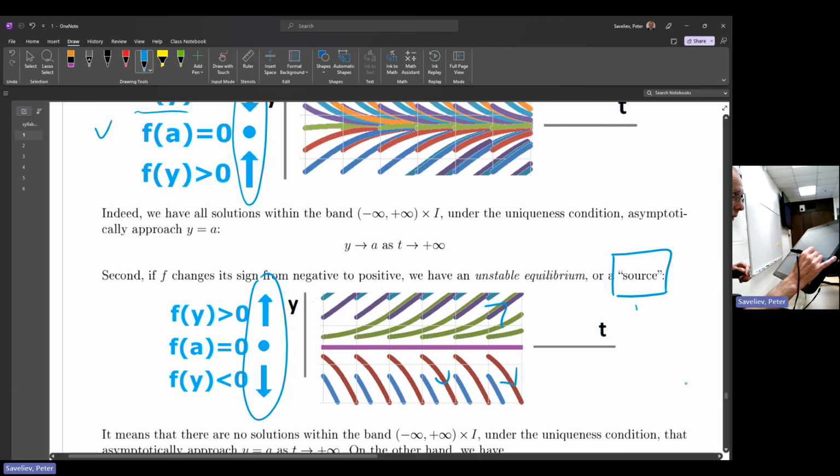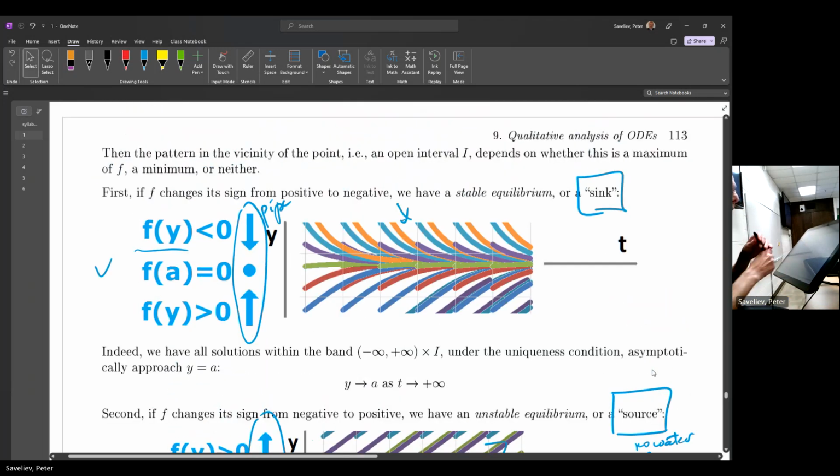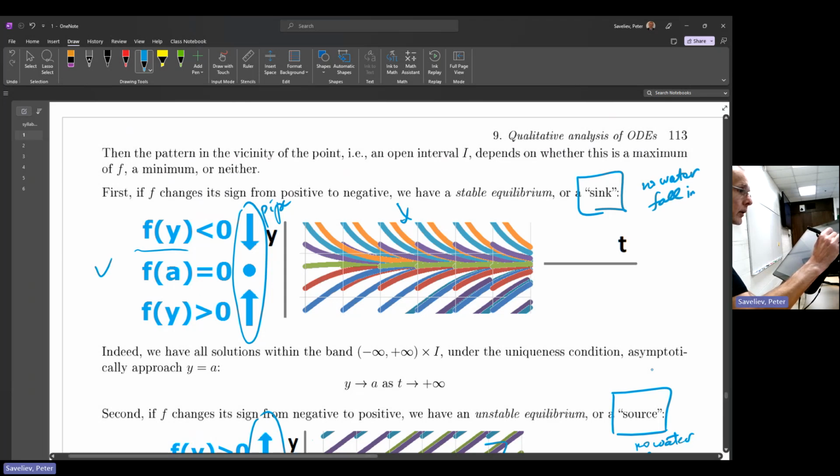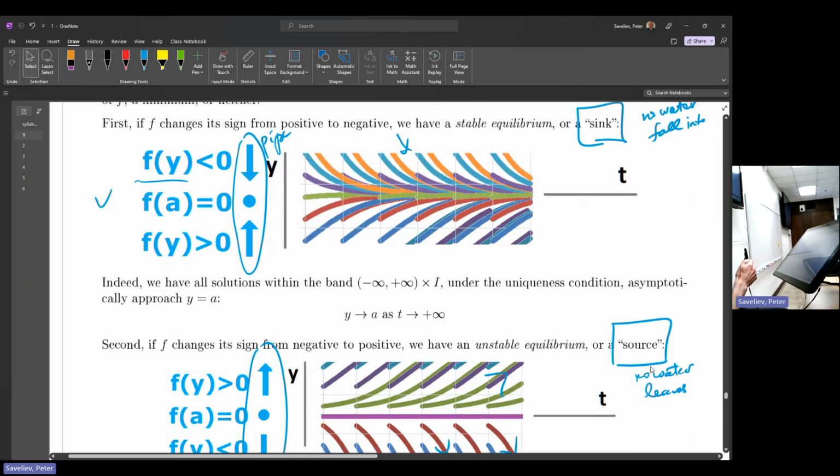So no water leaves. Same. And here, no water falls into it.